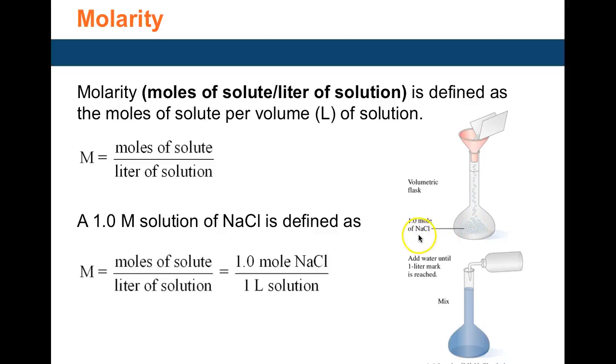You know the molar mass is around 58.45 grams. So you'd weigh out 58.45 grams, add it to a volumetric flask, and then add enough water to make it up to the 1 liter mark. And now you have a 1 molar solution, a 1M solution of sodium chloride.